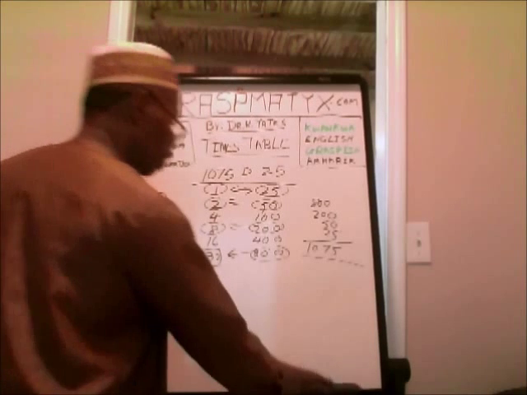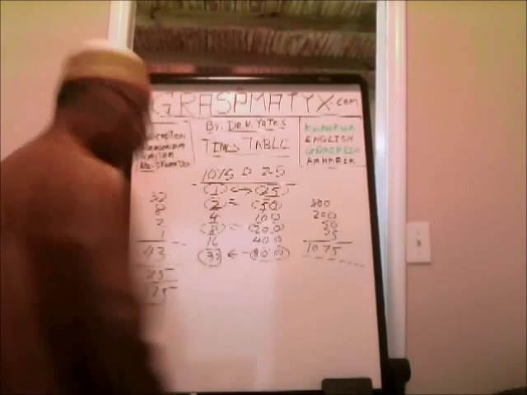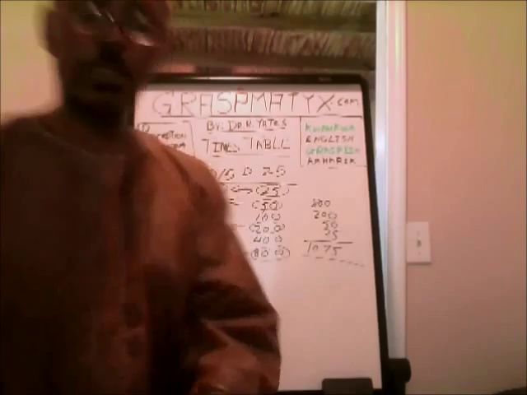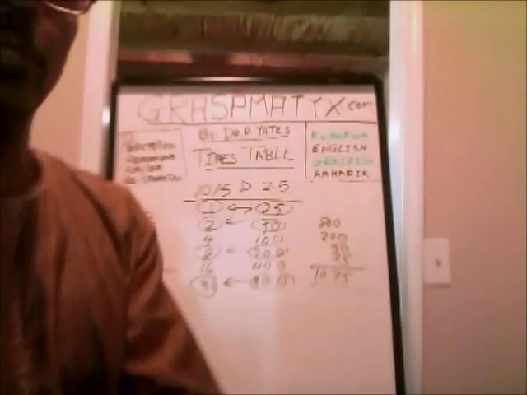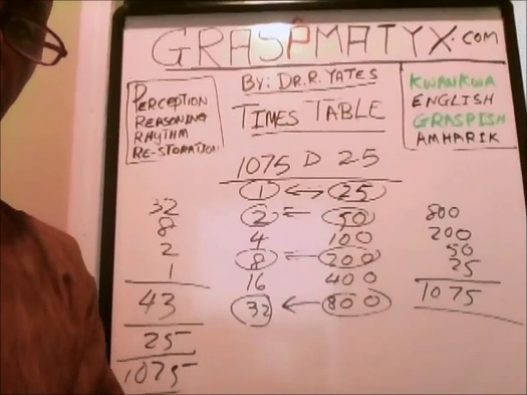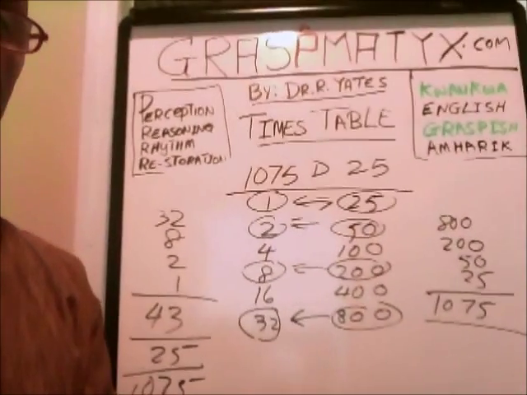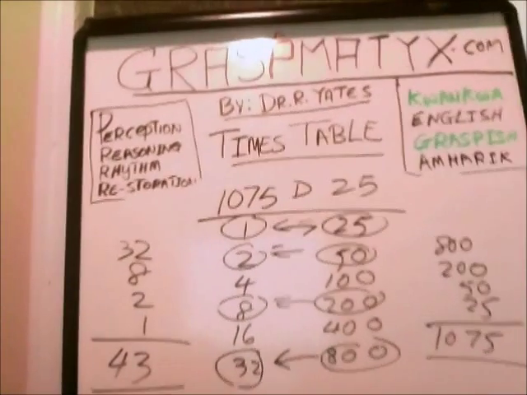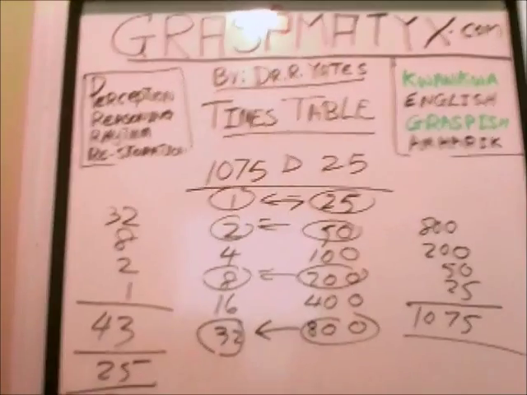This is the grass pad. Let me give you a closer look at it, so you can get an idea of what Dr. Yates is speaking of in a close-up. Maybe you strain your eyes there, but I'll make you see better now. You see it better now? Is that better?